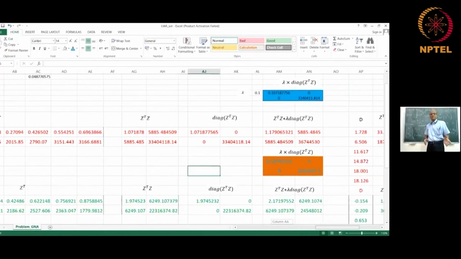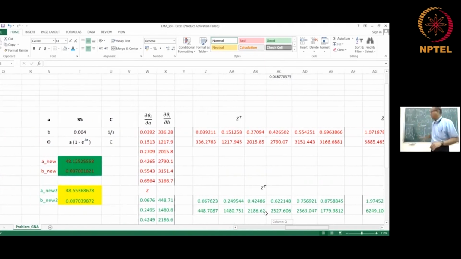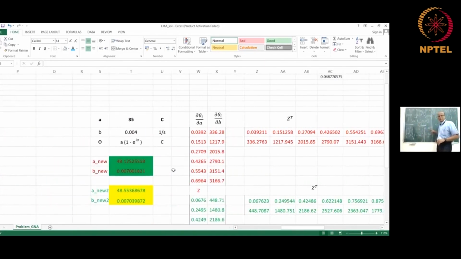At the end of the first iteration, what is the answer? Yes, sir, 48 and 0.007. Look at what Suraj has done based on his calculations, and we have got the same thing. This is indicated in green color. If you go to the next iteration, he's got 48.55 and 0.00703.